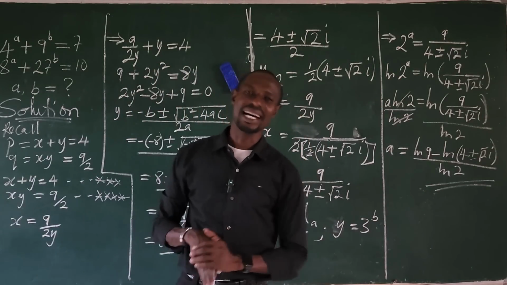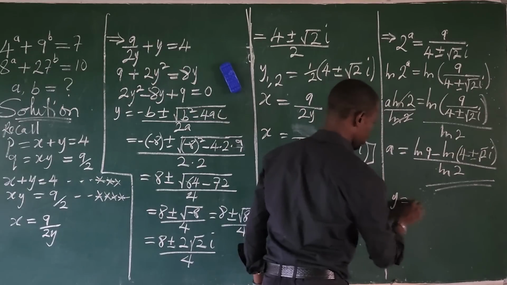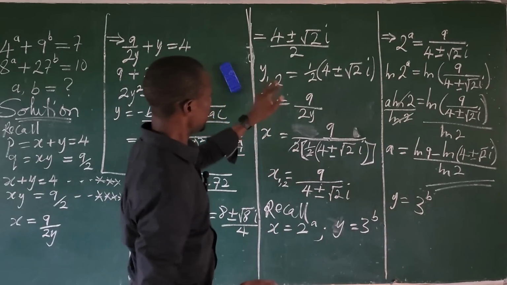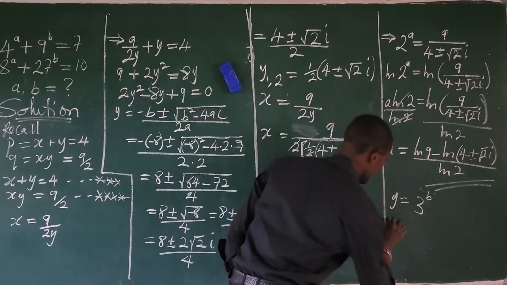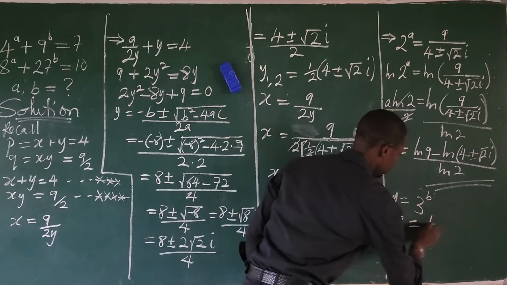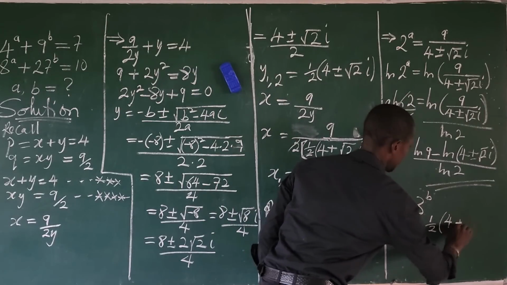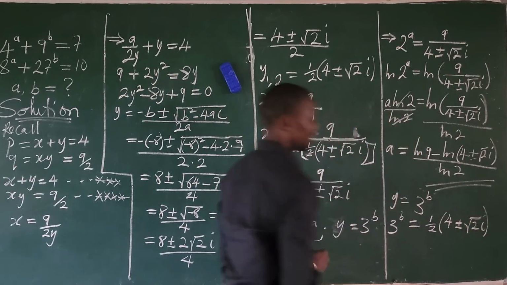Okay, now let's go ahead and look for the value of b. From here we said y equal to 3 to the power of b. And what is our y? Again, look at our y. We have the two values from here. So we're going to have 3 to the power of b equal to 1 all over 2 into 4 plus minus the square root of 2 iota.